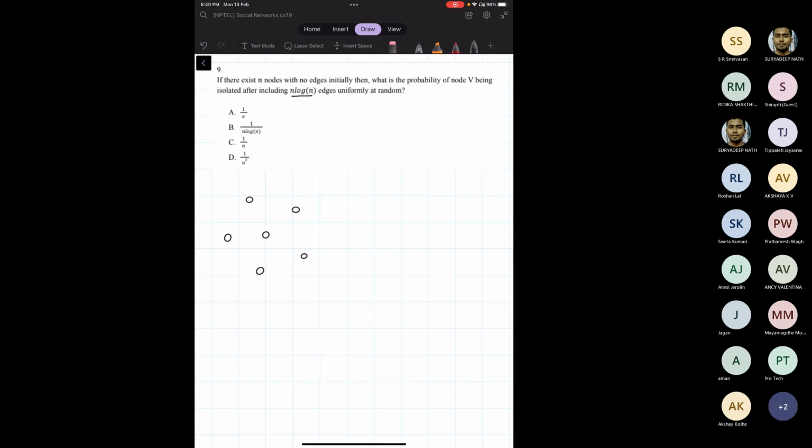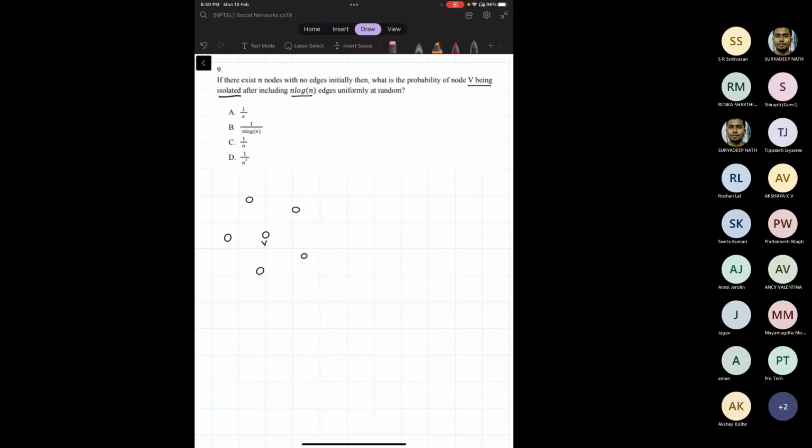Let's say this node is V and the others are some other nodes. V being isolated, what does that mean? It means that there is no edge that connects to V.